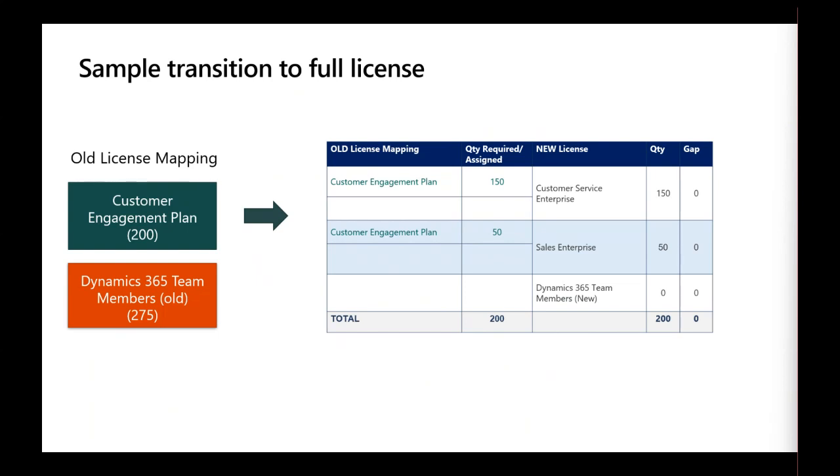Here we provided a couple of scenarios that you can use to help understand how the mapping process works. In this example, we are mapping 200 customer engagement licenses and 275 Dynamics 365 team member old licenses to customer service, sales enterprise, and Dynamics 365 team members new license. We're going to start by mapping 150 of those customer engagement licenses to customer service and 50 of those to sales enterprise.